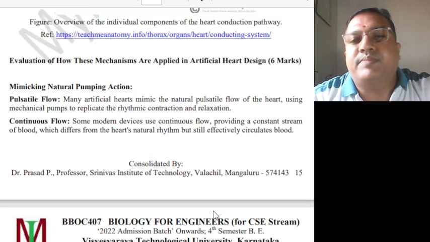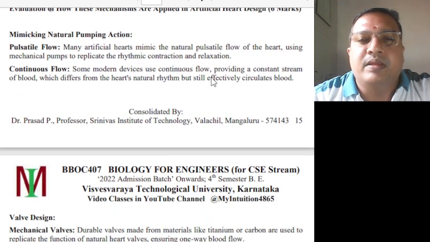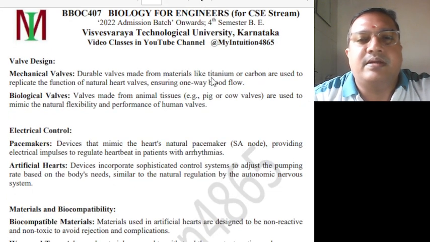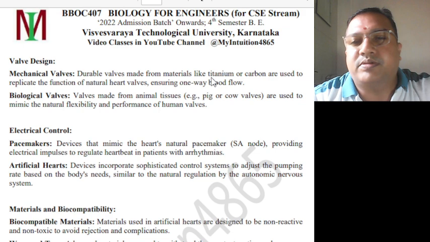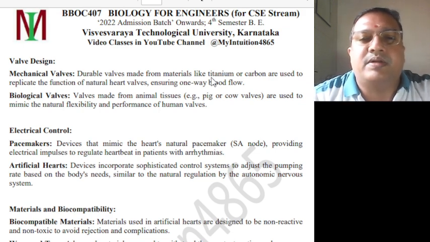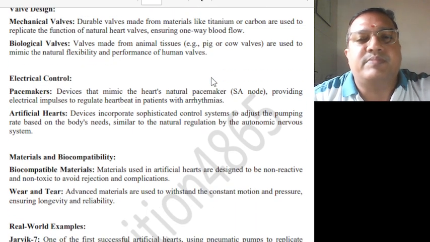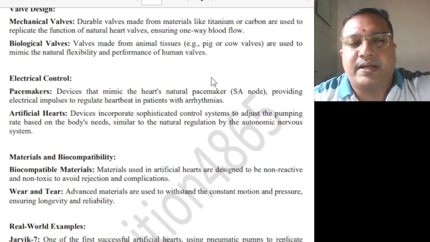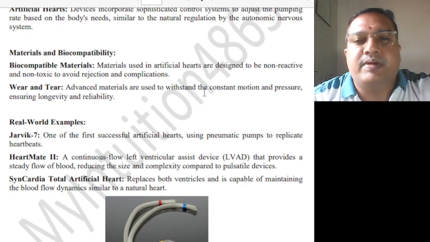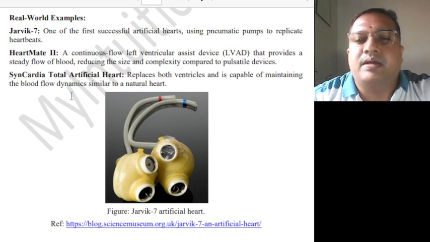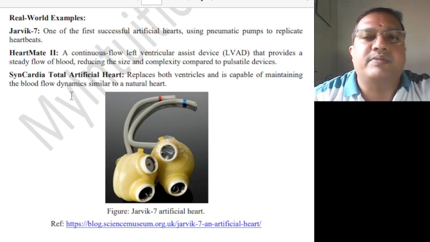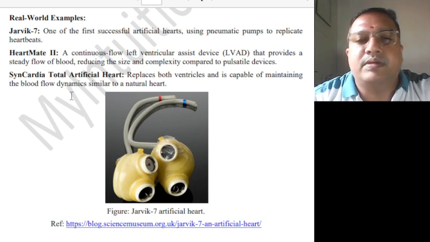Now, evaluating how this mechanism applies in artificial heart design: mimicking natural pumping action, that is pulsative flow and continuous flow; the valve design, with mechanical valves and biological valves compared based on the heart's actual valves; electrical control, pacemakers, and how control of the electrical pulse is done in an artificial heart; and materials and biocompatibility, which materials have to be used and what their requirements are. In the real world we already have an artificial heart on the market, the Jarvik 7 heart made by SynCardia.